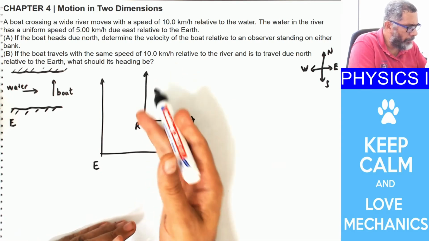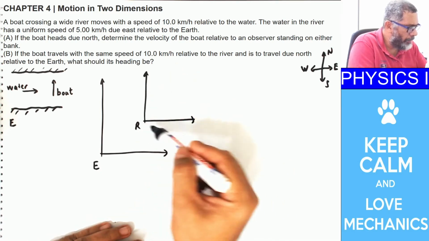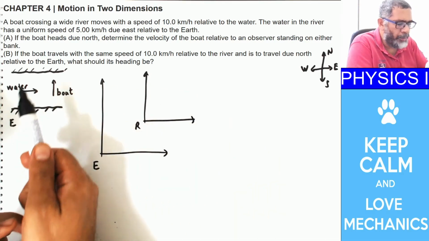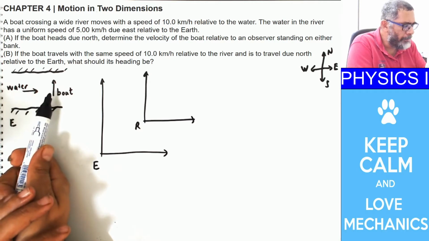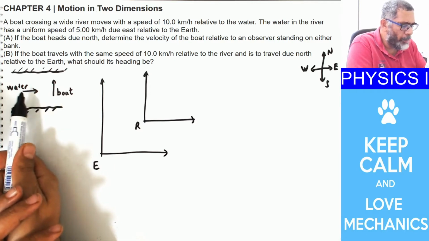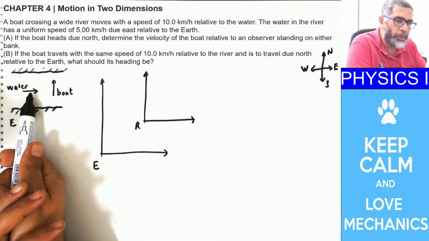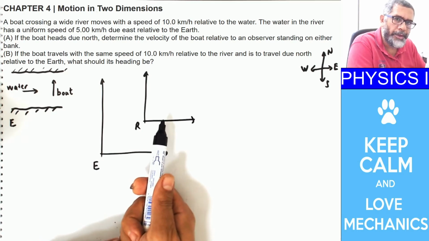By this R reference frame, or river reference frame, I mean this: if you drop some object on the water, with this water flowing, the object will move with the water, and that object will be the origin of this river reference frame, okay?